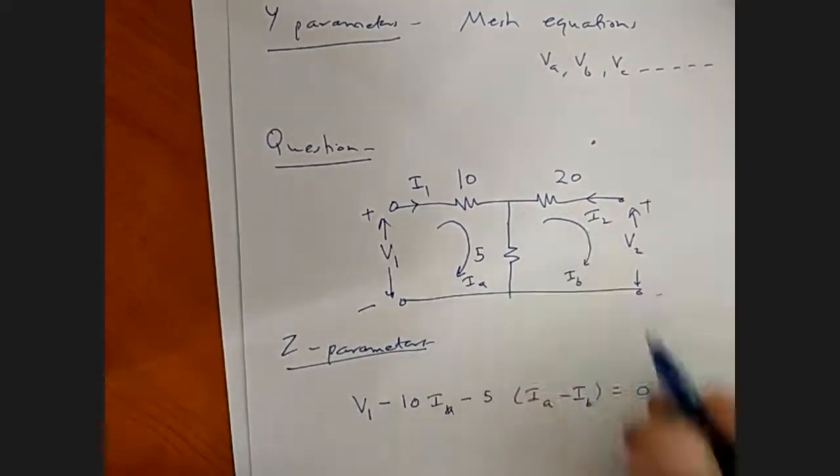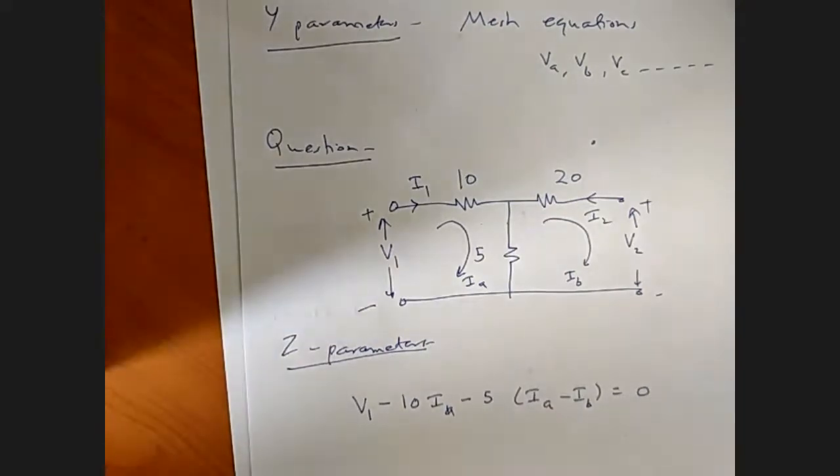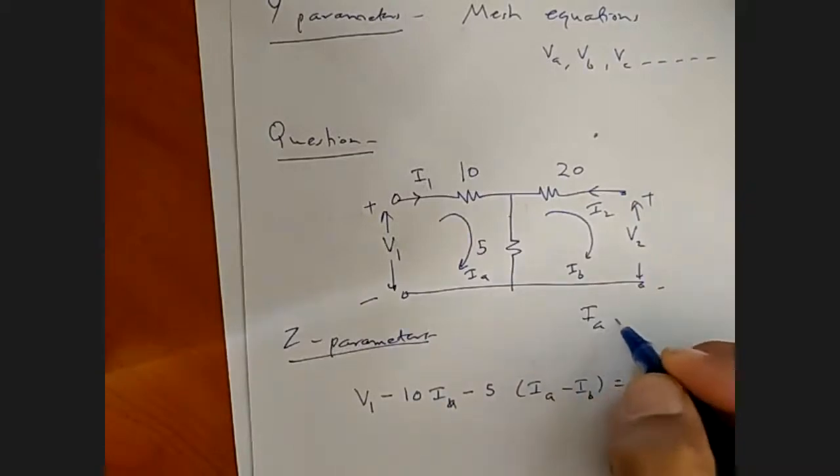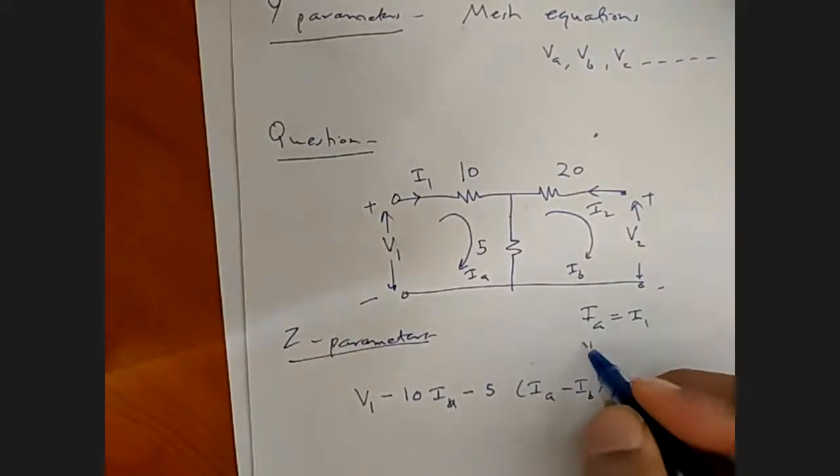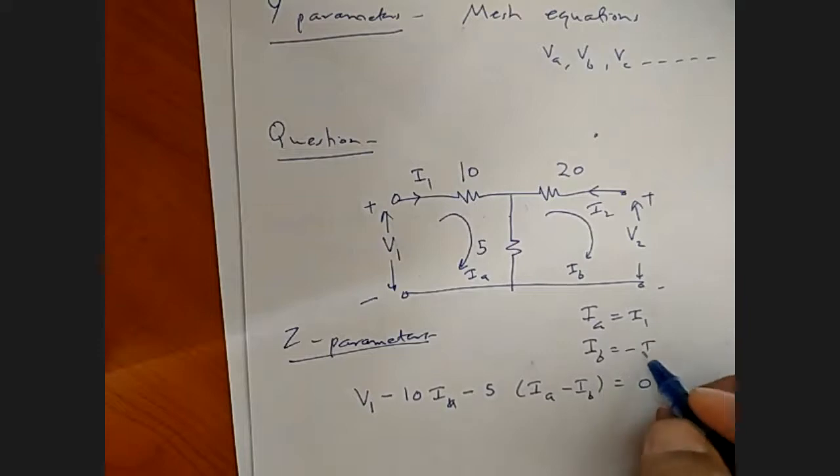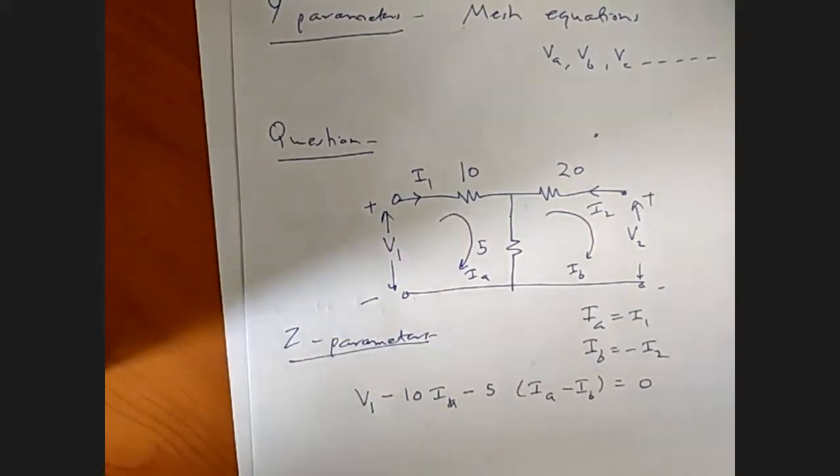सर IB की डायरेक्शन उल्टी साइड नहीं होगी? नहीं, हम जब लूप इक्वेशन के लिए लिखते हैं तो it is always कि हम same direction लें. IA equal to I1 and IB equal to minus I2. ओके सर. So it is always you write loop equation as you are writing loop equation.